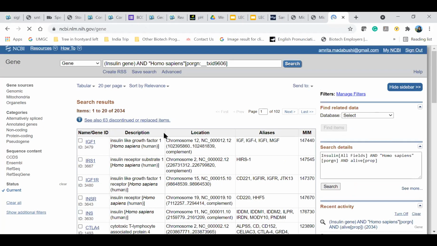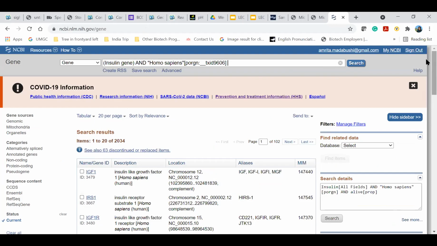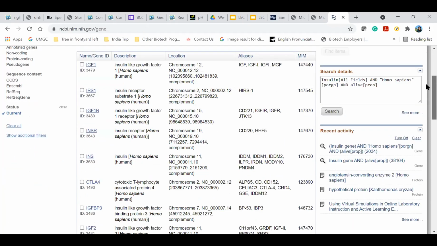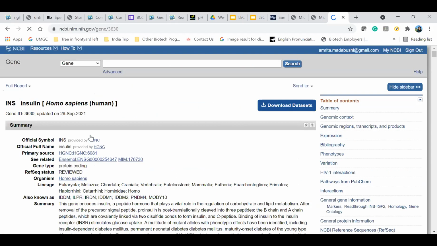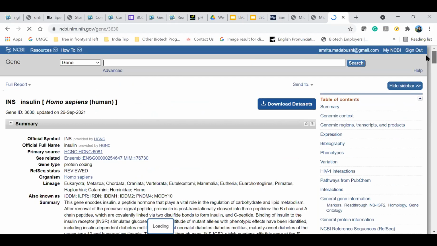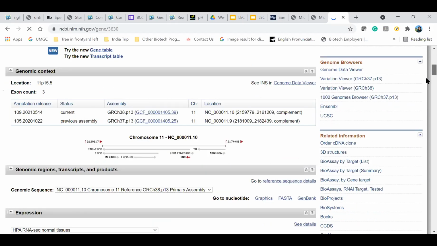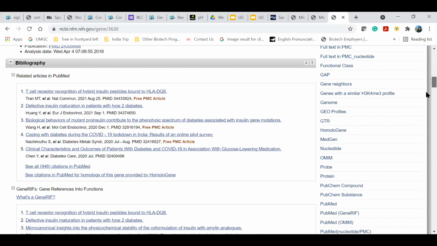So this is about the insulin. I'm just going to click on this particular one, just for the sake of showing you. There is lots of information available.